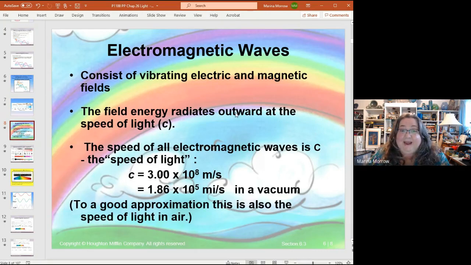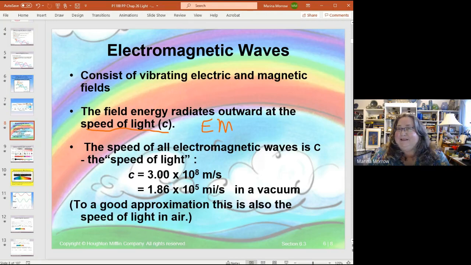Okay, so electromagnetic waves all have the same speed, which is called the speed of light, but you can think of it as the speed of electromagnetic waves. Remember that electromagnetic waves you can abbreviate as EM, and then you can throw waves in there if you want.